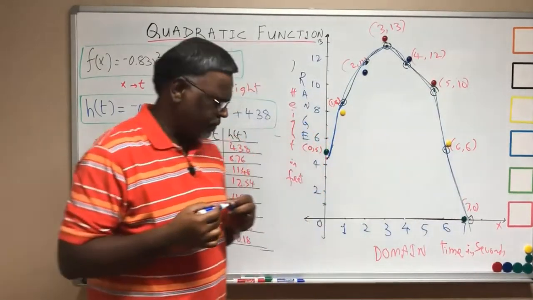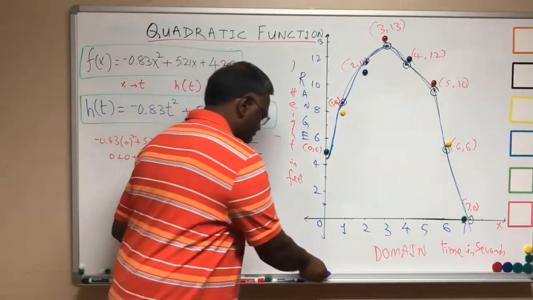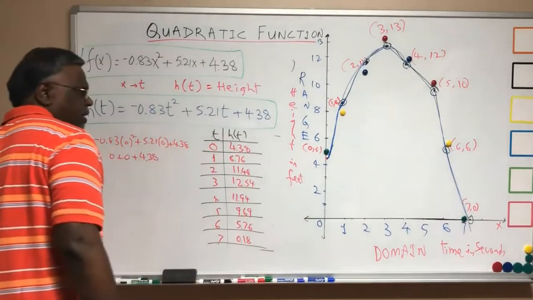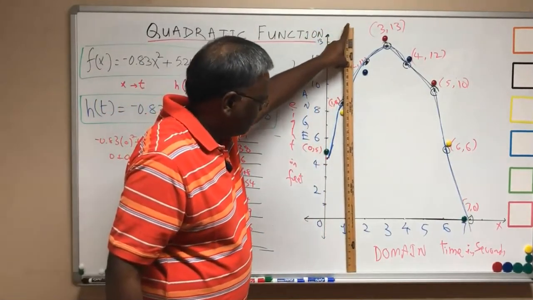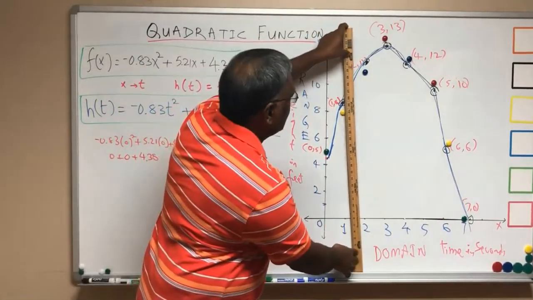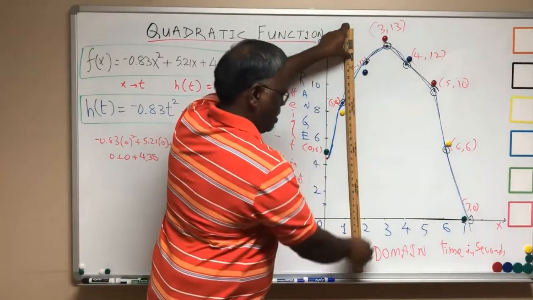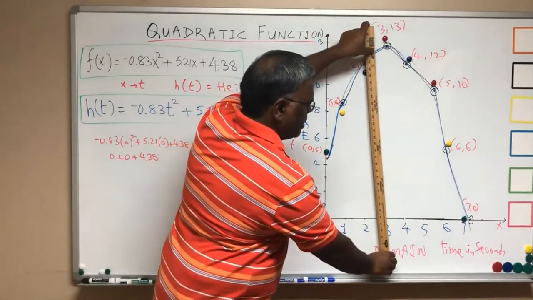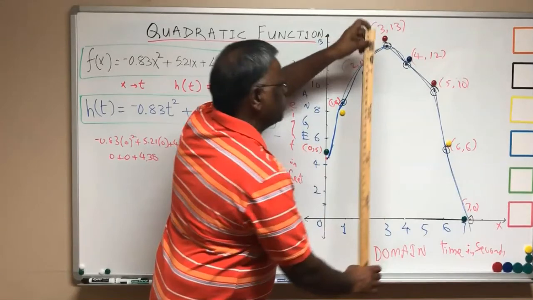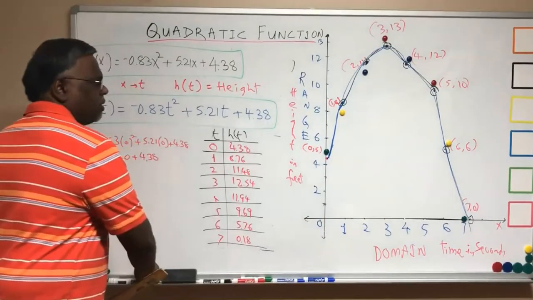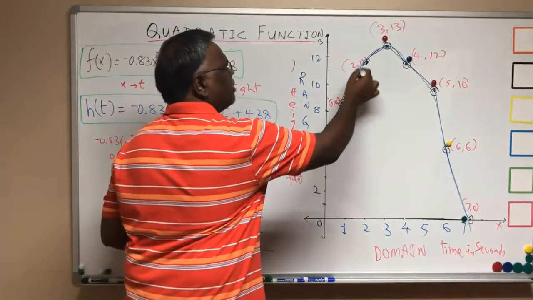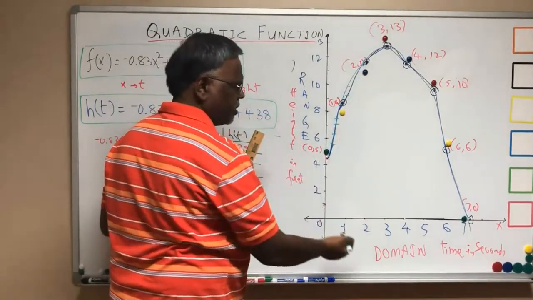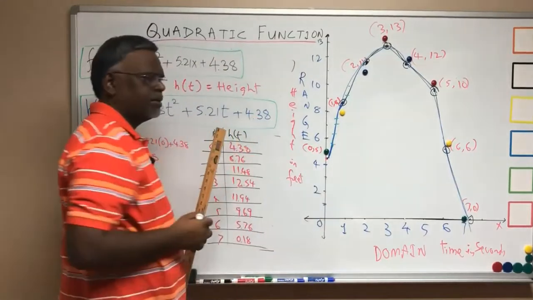So what is the advantage of this graph? Like I was telling you again and again, at any point, like when x is equal to 1.5, my height is at this point. If x is equal to 2.5, 3.1, 3.2, for any value of x, you can find the y value. Each one of these will tell you about x and y values, or the time and the height.